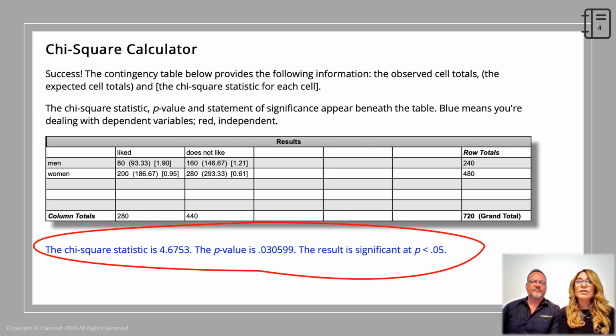And in our study of the new app preferences, we see that the p-value is 0.03, which is less than 0.05. The null hypothesis would have been that there's no difference in preference between men and women, but the p is low, the null must go. Statistically, gender is a factor in the app preference.